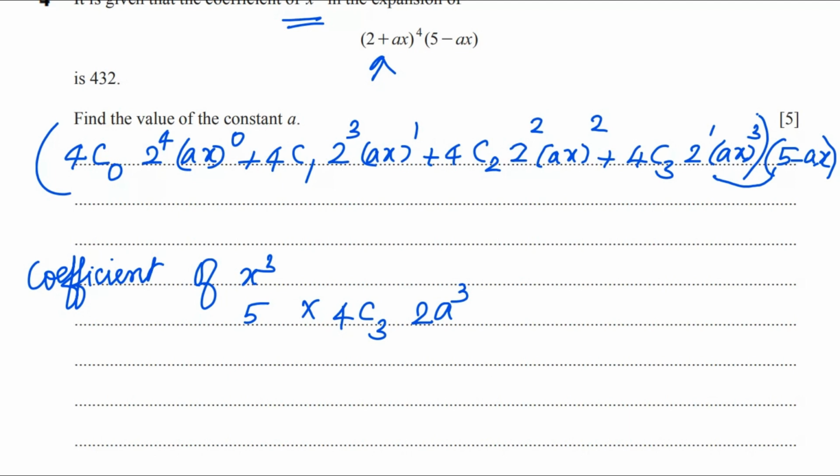Then minus ax is multiplied by the x square term, so we will get x cube. The coefficient of x cube is minus a multiplied by 4C2 multiplied by 4a square.